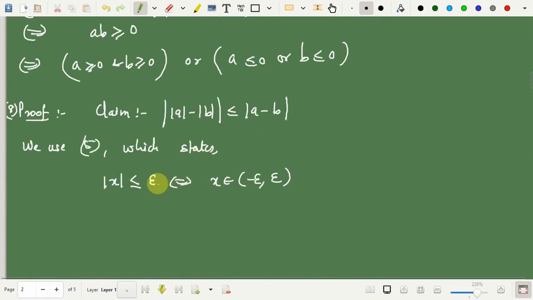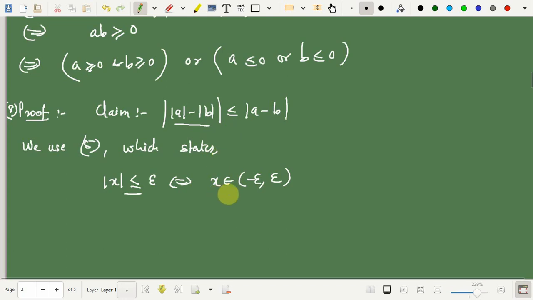I want to show that this is true, this is a biconditional statement. In this case you can observe that this part, mod of A minus mod of B, can be considered as x, and epsilon can be considered as the whole mod of A minus B if I compare to this. To show that this is true, it is enough to show that this is true and vice versa, but in this case I want to show that this is true.